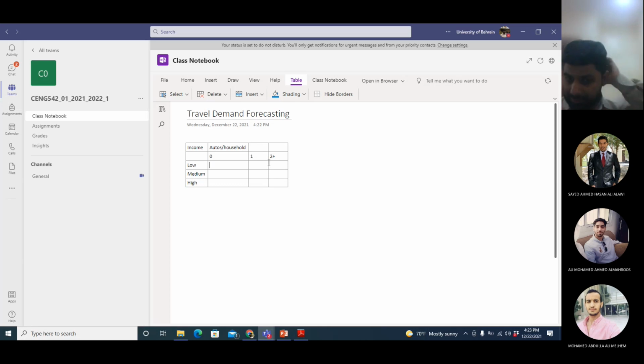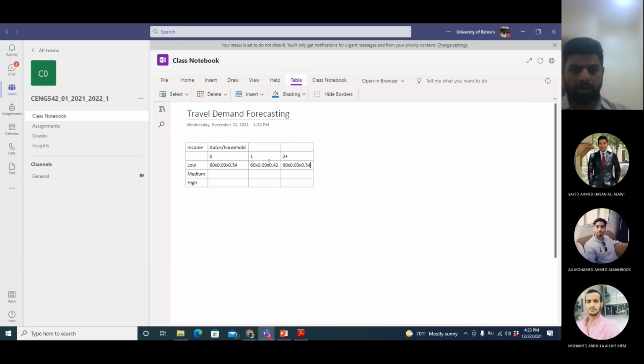Okay, so for this one, total 60 households. Households having low income is 9%. Multiply by households from low income which have 0 cars, 54%. Third, come here, the only change will be here, which is 42 now.